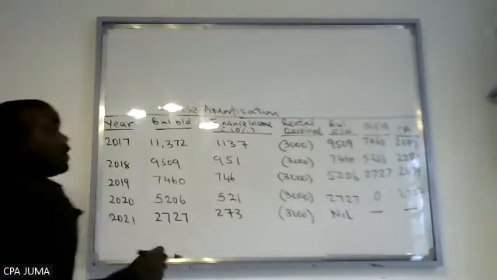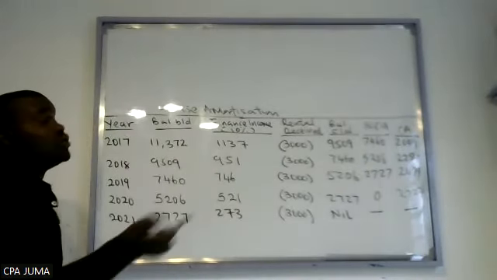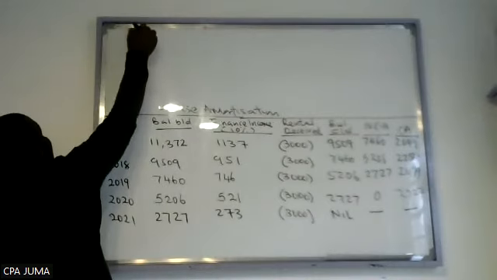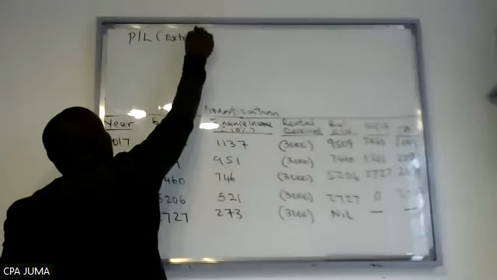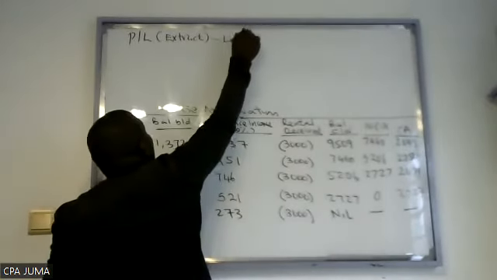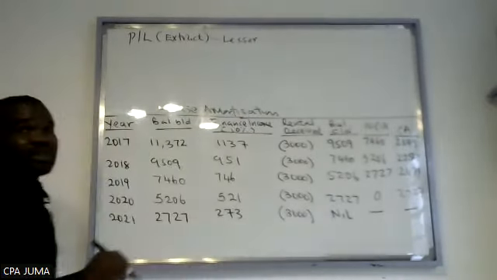So write for me, I want to say the name of the lessor. So just write there, profit or loss extract, lessor. Let's be specific.